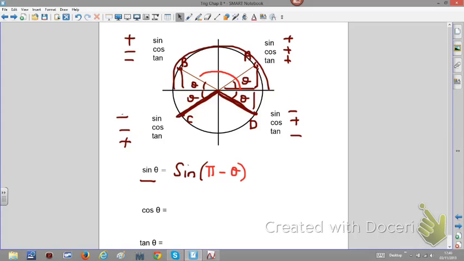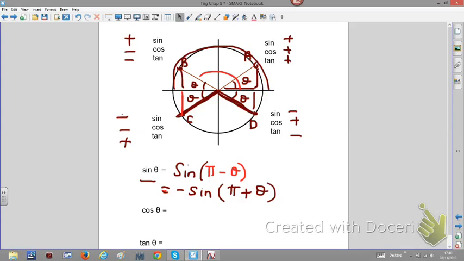Now another value would be this one here, but it's actually negative. So that's equal to minus sine. And what's that angle there? Well, it's 180 plus theta, or pi plus theta.